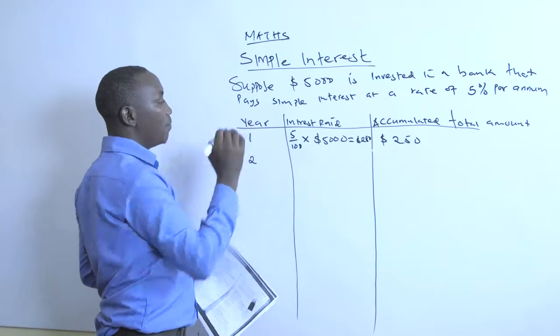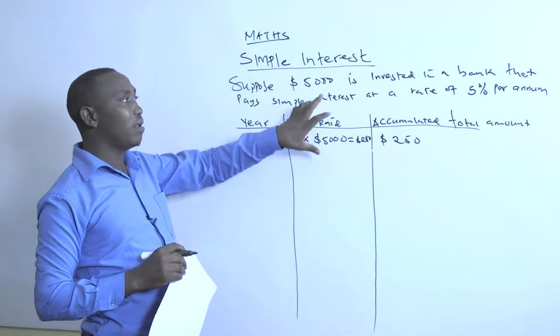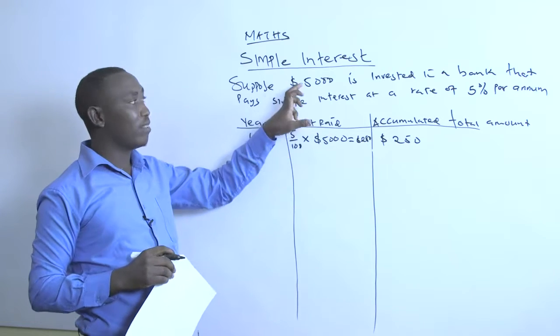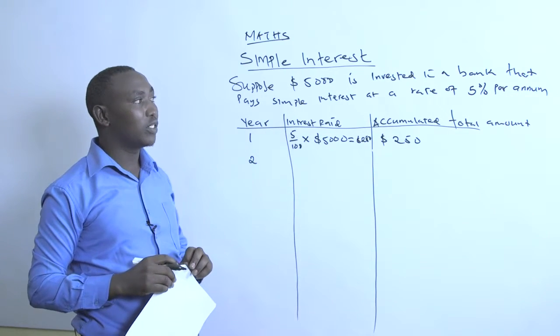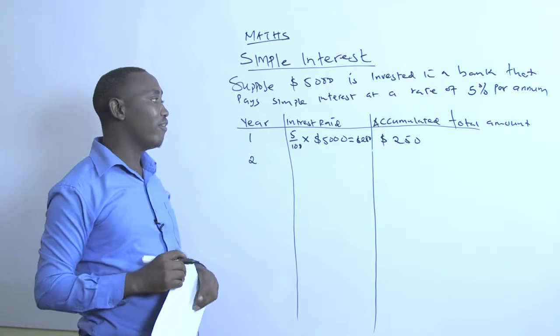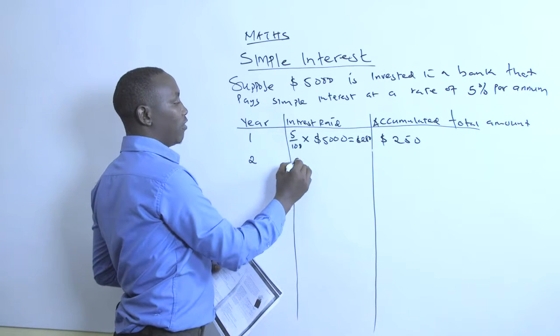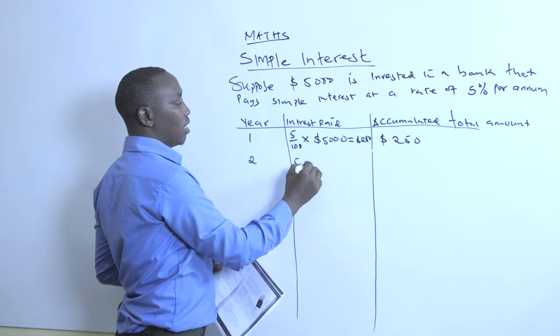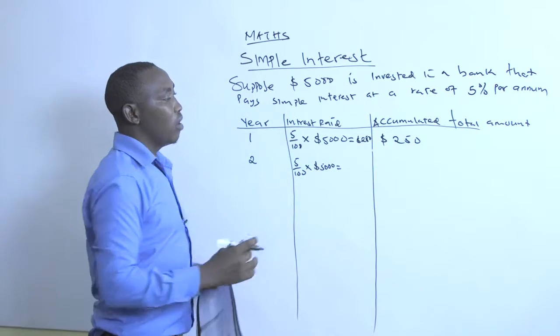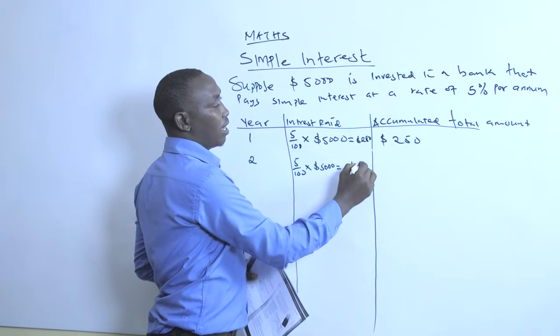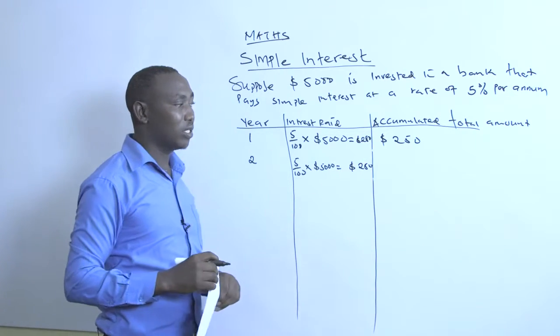On the second year, still because it is simple interest, the 5,000 US dollars is going to accrue an interest rate of 5%. So again, it will be 5% of the 5,000 US dollars, which will still be 250 US dollars.